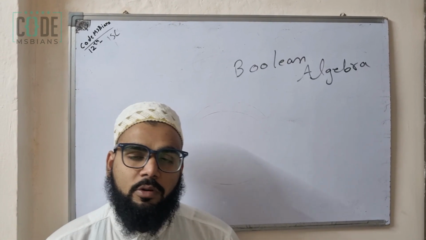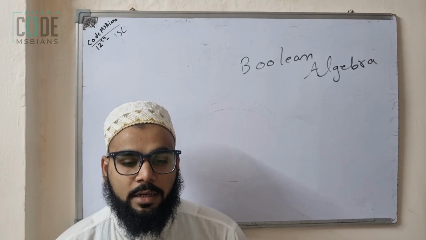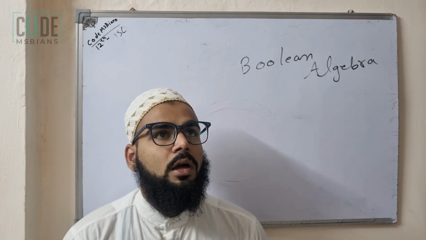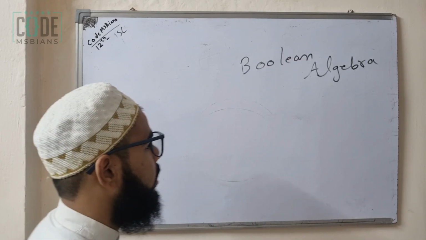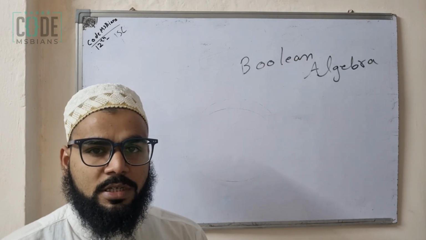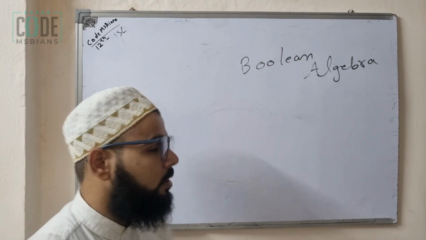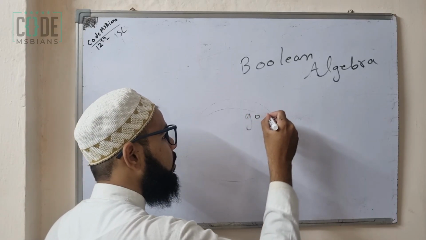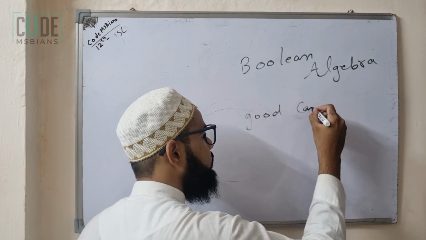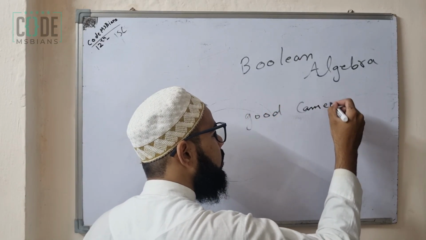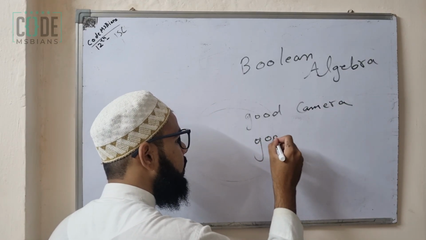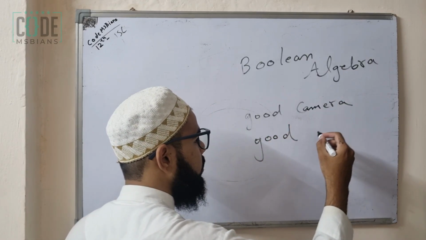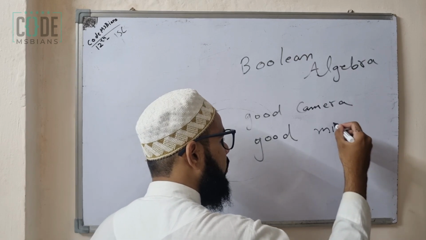Now, going inside this chapter a bit more, but before that, I just wanted to draw an analogy. Just imagine that you want to purchase a mobile phone, and that mobile phone has so many features, but the two features you want are a good camera and a good microphone.